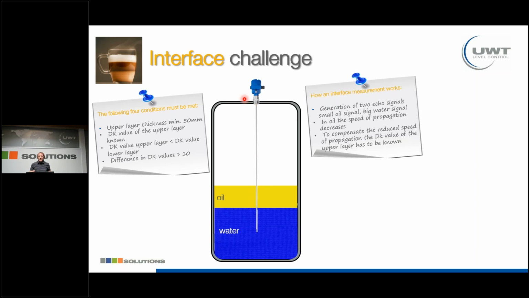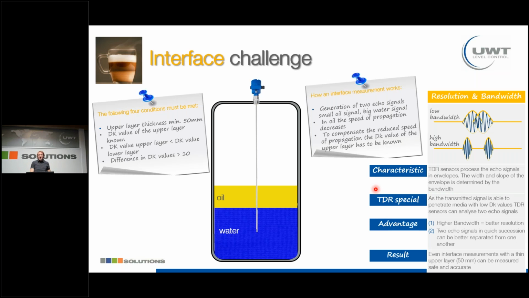That's why we need to enter the decay value of the upper layer, to recalibrate the right speed of propagation. With the decay value of the oil entered, we get a reliable measurement result. So we get two measurements, one of the total level and the other of the interface, and both are quite accurate.